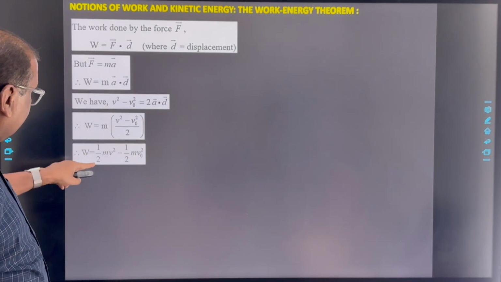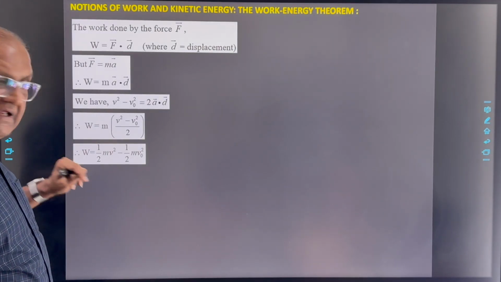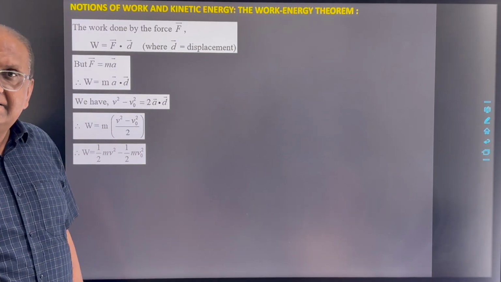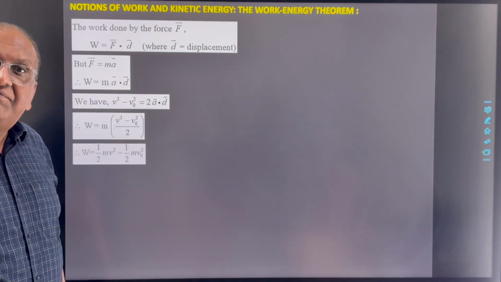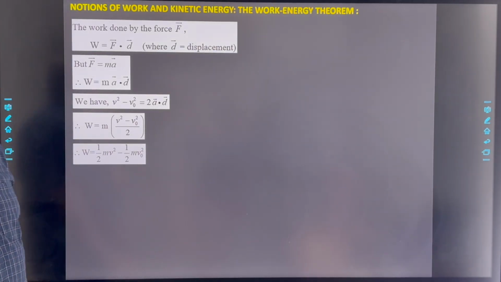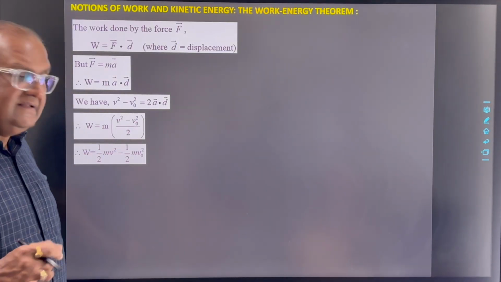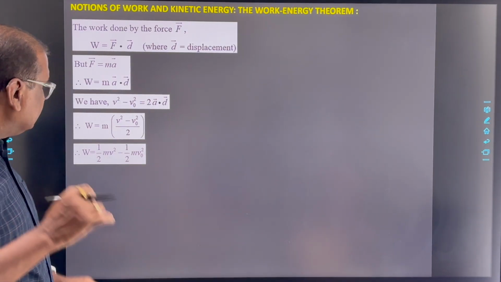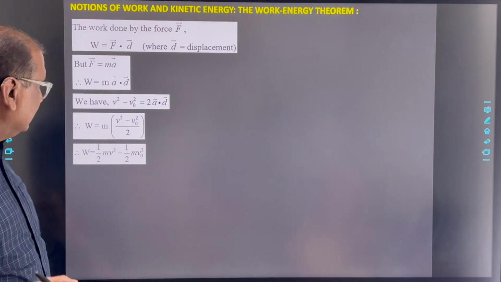See, half of the product of mass and square of velocity represents kinetic energy. In the first term the final velocity appears, so this is the final kinetic energy, and in the second term the initial velocity v0 appears, so half mv0 square is the initial kinetic energy.